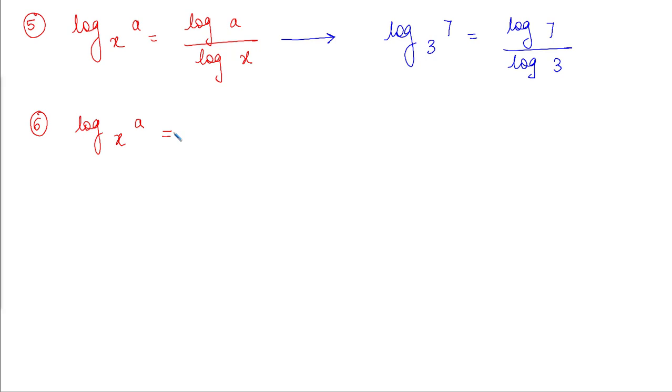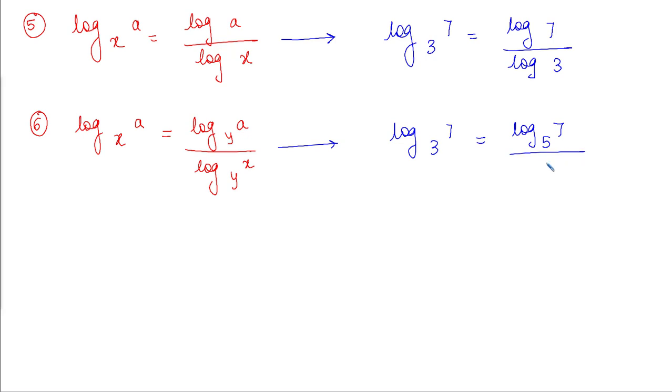Log of a to the base x is equal to log of a to the base y divided by log of x to the base y. For example, log of 7 to the base 3. Now let's say I want to change this expression to the base 5. So how can we change this expression to the base 5? That is log of 7 to the base 5 divided by log of 3 to the base 5.